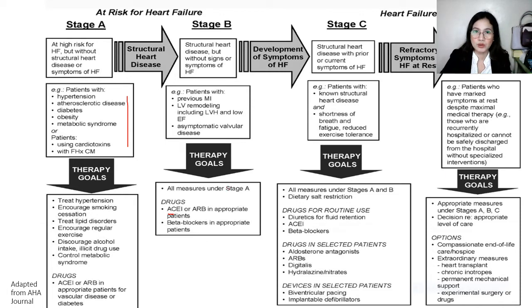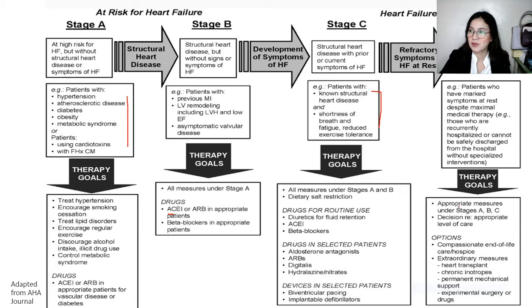Then moving on to stage C, there are interventions for given diseases in this stage, and drugs for routine use could be diuretics if there's fluid retention, ACE inhibitors, and beta blockers, and again, we must check the disease itself.